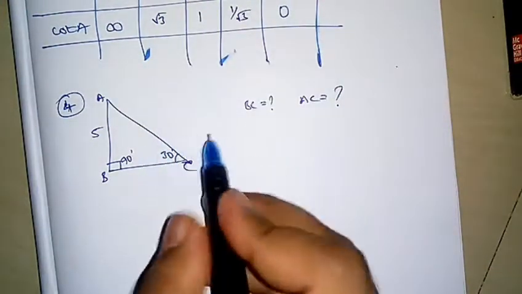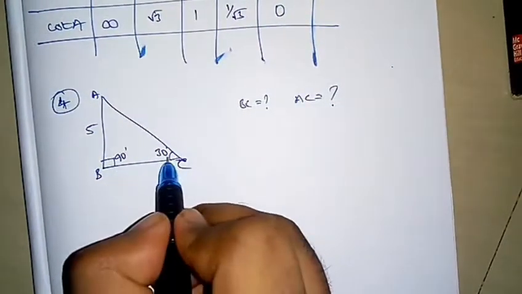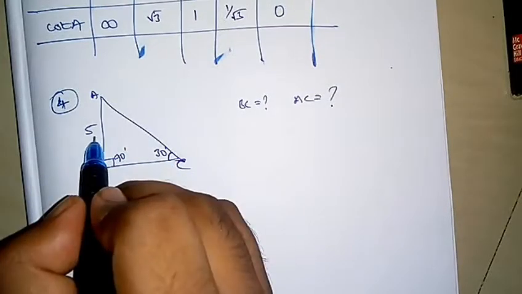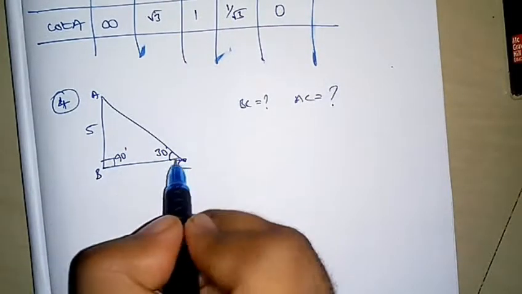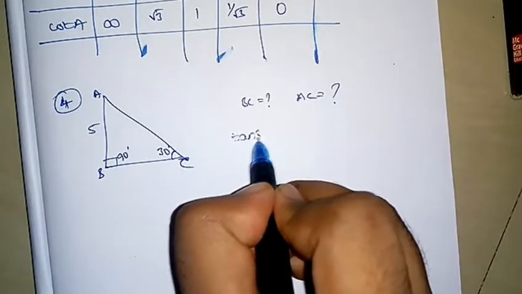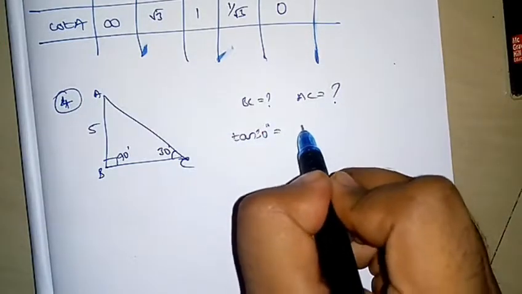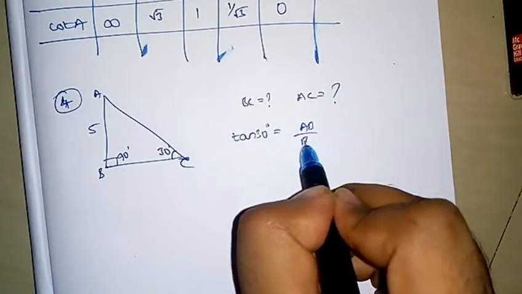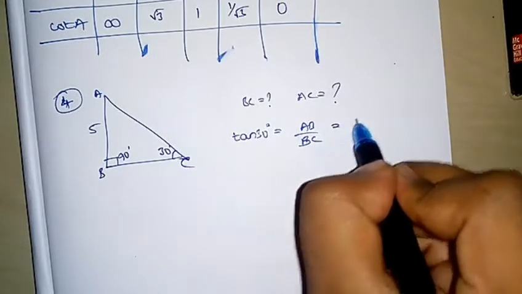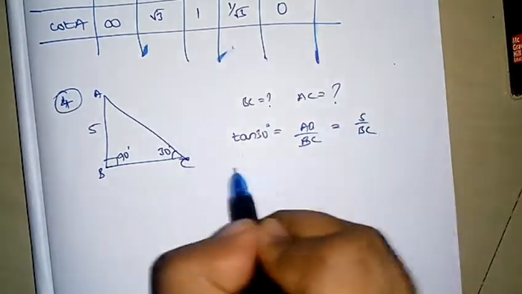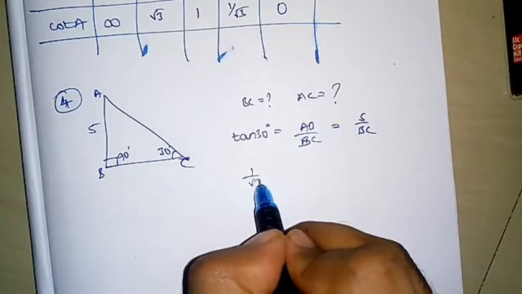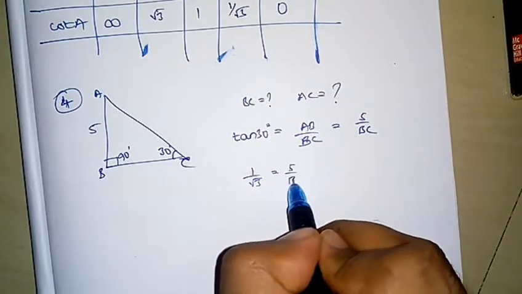So you know that to find BC, observe this angle. This is the opposite side to 30 degrees and this is the adjacent side. You know, tan 30 degrees is equal to AB by BC, which is equal to 5 by BC, and tan 30 is 1 by root 3. So this will be equal to 5 by BC.